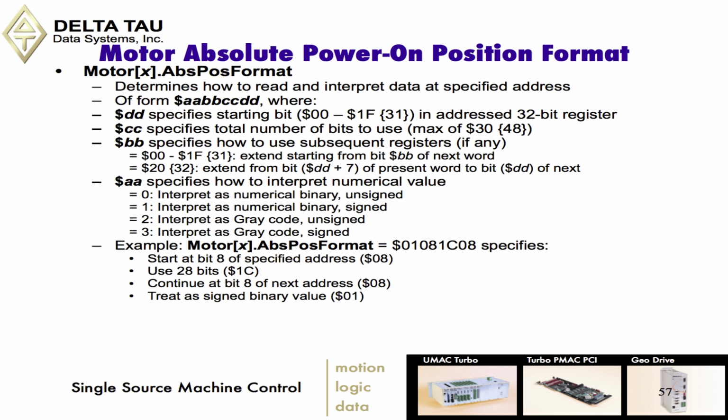So if we look at this typical example, the DD is a value of 8, so it wants to start at bit 8. 1C is a value of 28 bits, so starting at bit 8, going for 28 bits.